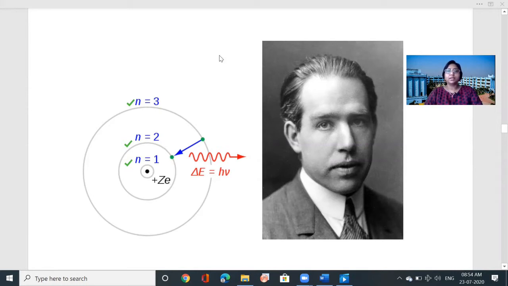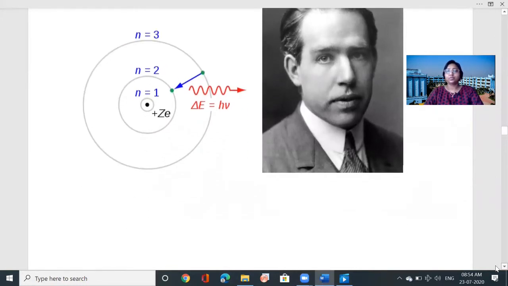But when it moves to a higher energy level, the outer orbit, far from the nucleus, it absorbs energy. And when it moves from a higher to a lower energy level, the inner orbit, then it releases energy. In this way, he explained and we learned all the postulates.